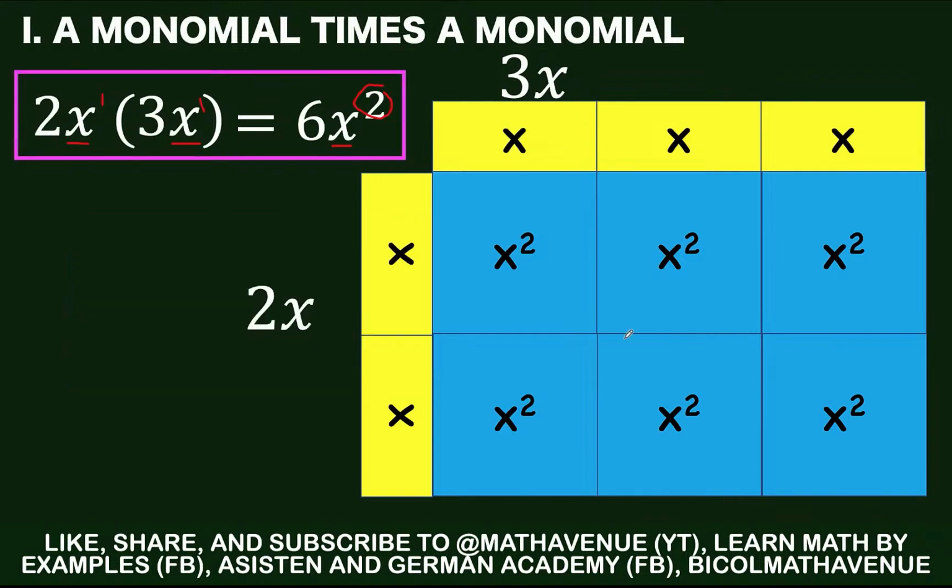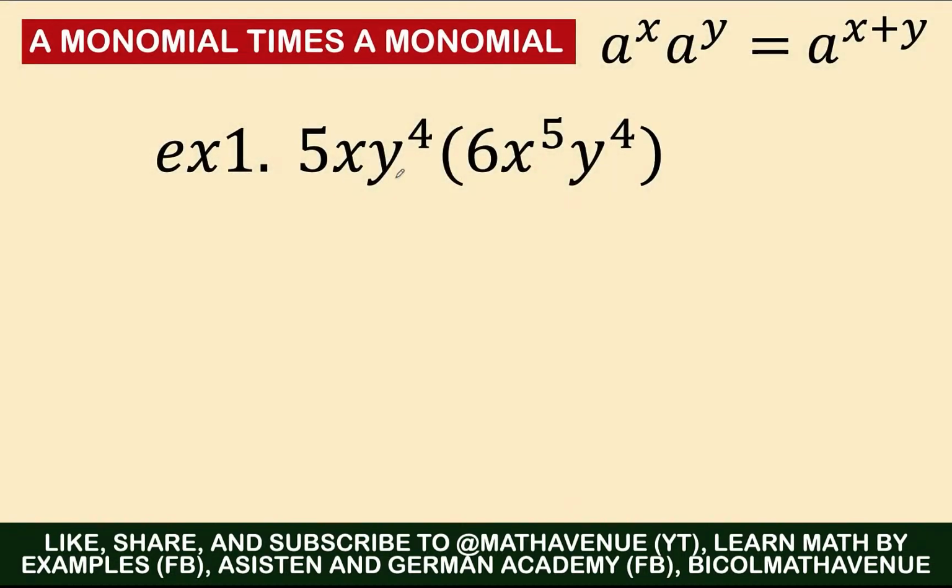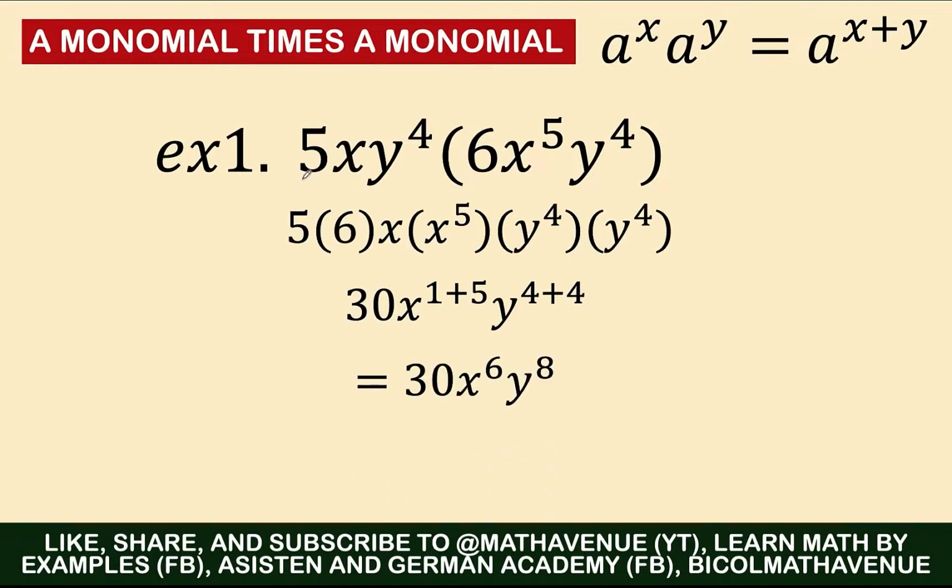Next problem. Let's say we have 5xy to the 4th times 6x to the 5th y to the 4th. Again, don't forget this law of exponents number 1. This is the product rule of exponents. So how do we multiply this? The idea is you multiply the numerical coefficients 5 and 6, and 5 times 6 is 30.